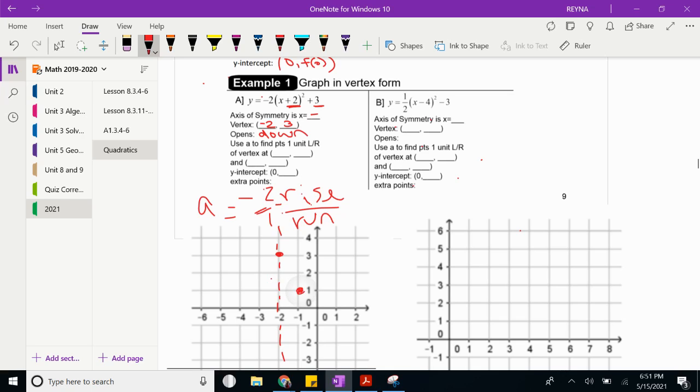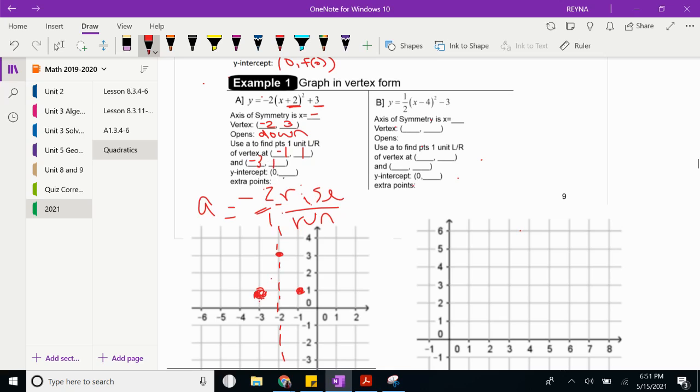And we can put a point there. And again, we can use the idea of symmetry to put it on the other side as well. And then we can get one more point from our y-intercept. Okay, so the 2 points that we added were negative 1 and 1. So negative 1 and 1, and negative 3 and 1.